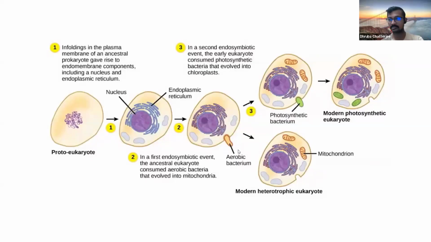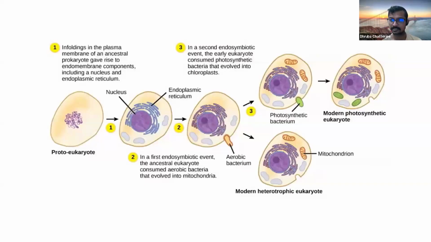The engulfed bacterium had the electron transport chain components and maybe also the Krebs cycle components. But instead of degrading this aerobic bacterium, what followed was a co-evolution of the bacterium and the ancestral eukaryote.